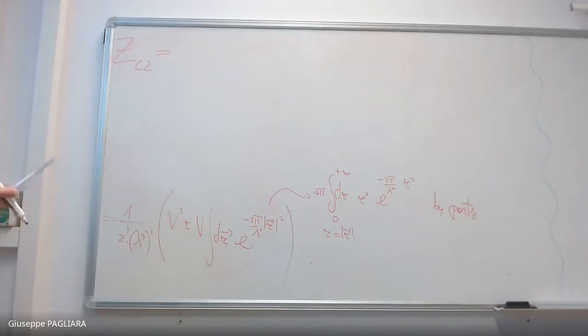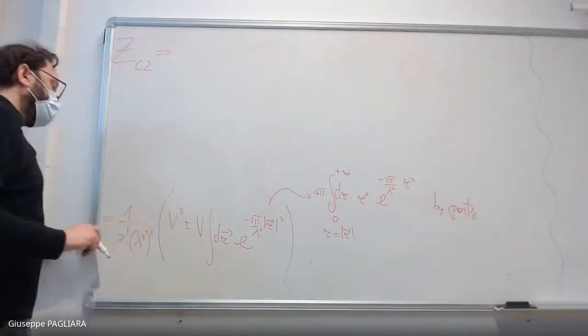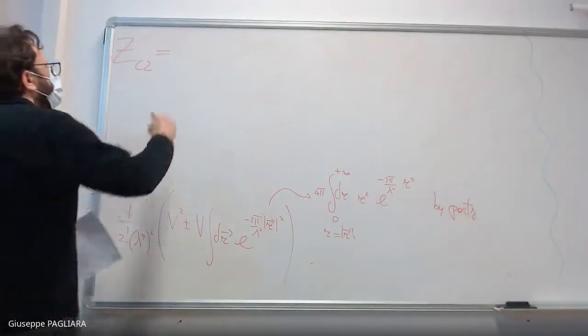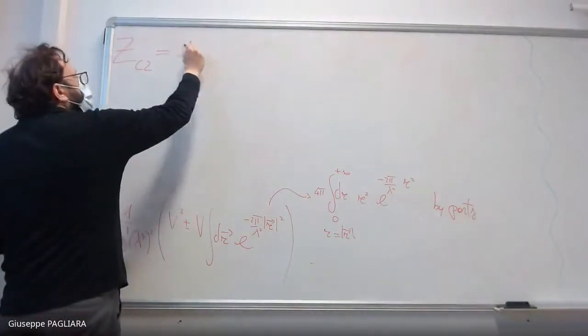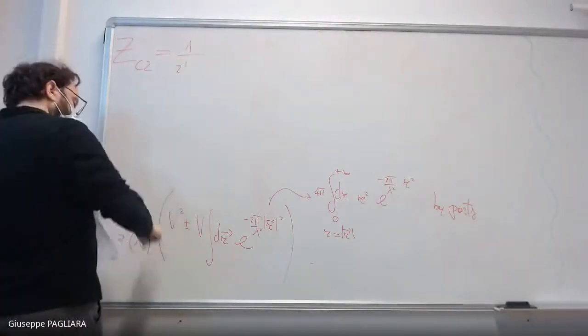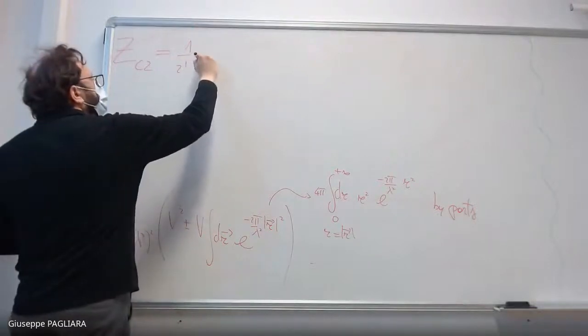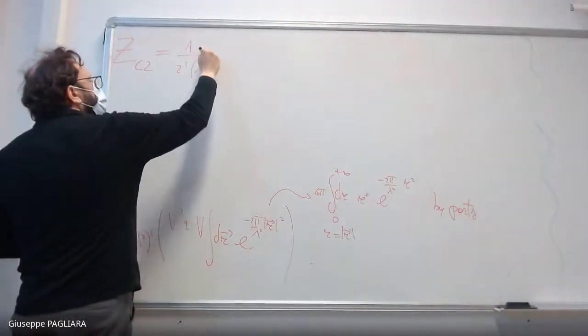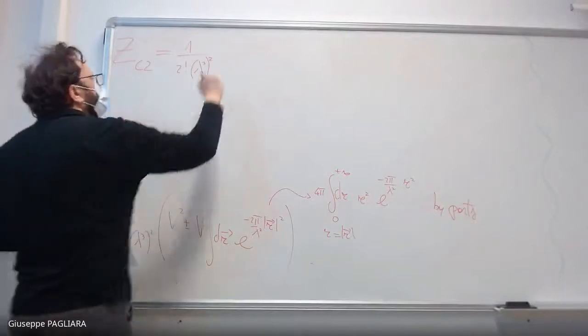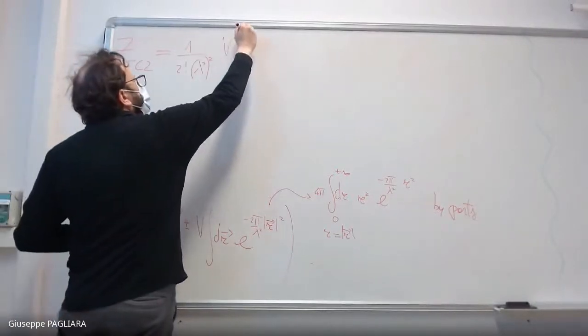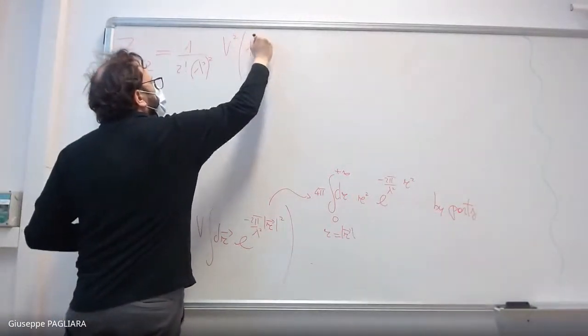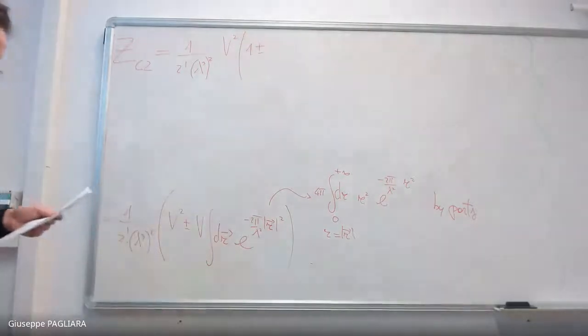And if you do the calculation, basically you get the following result. 1 divided by 2 factorial, lambda cubed to the power of 2, and V to the power of 2, which can be collected. Then I have 1 plus minus.